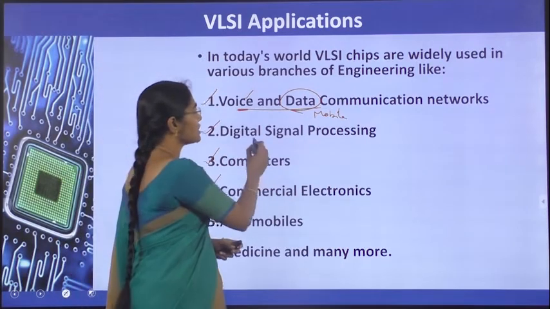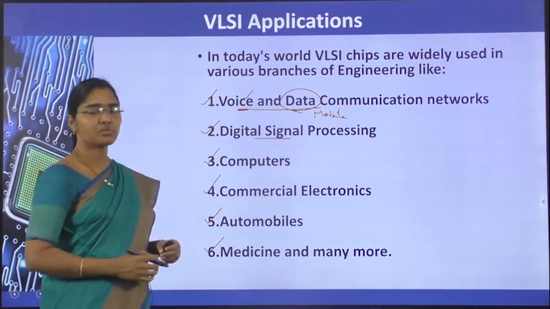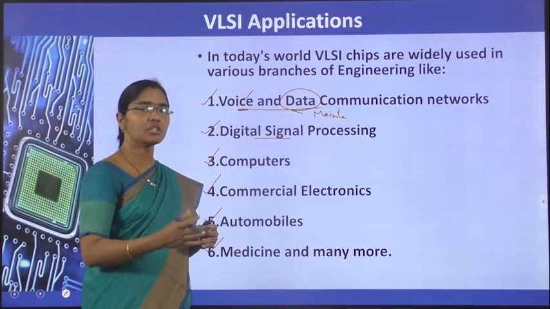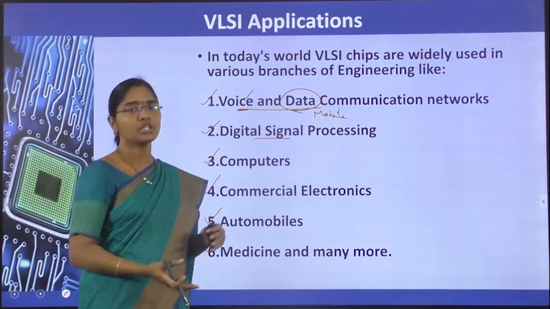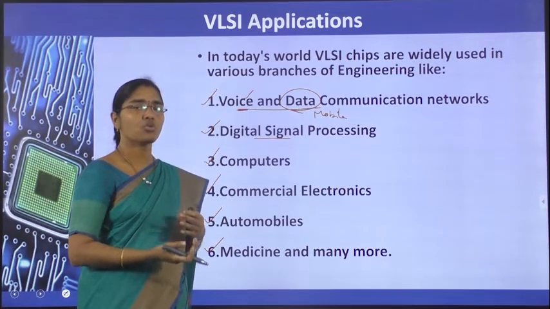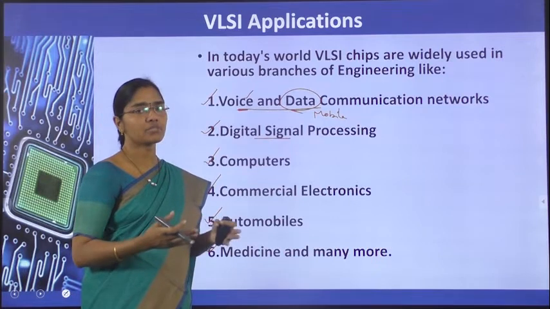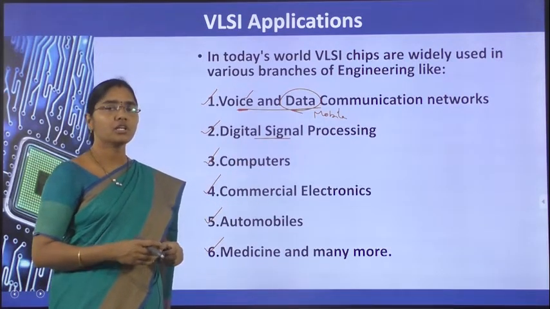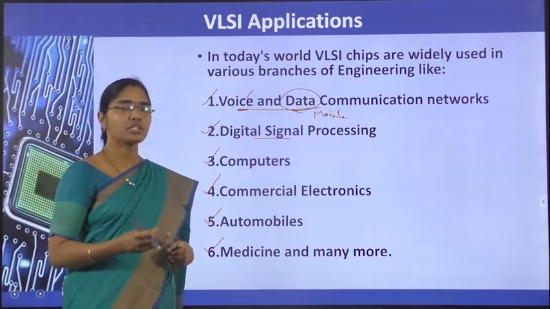Then it is used in digital signal processing. That means in all our communication networks, our signal is going in digital transmission, and there definitely that signal is going to be processed.